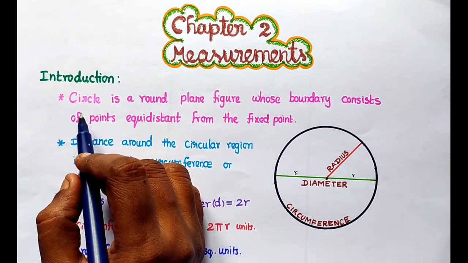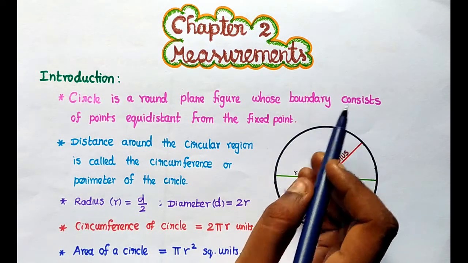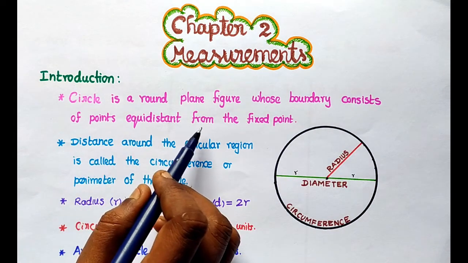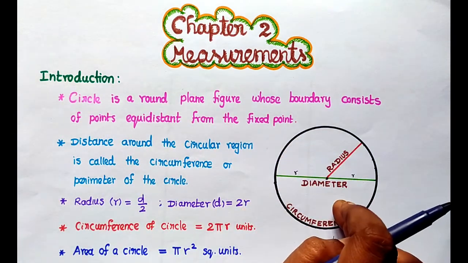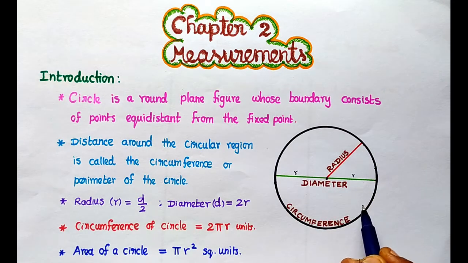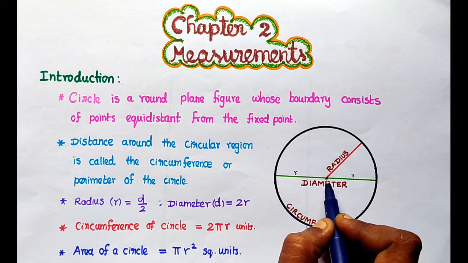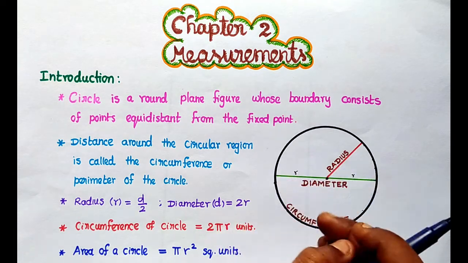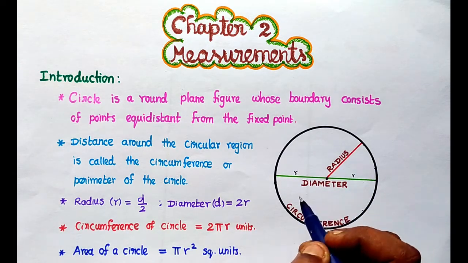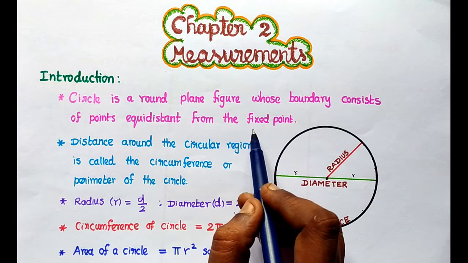First, what is a circle? A circle is a round plane figure whose boundary consists of points equidistant from a fixed point. This is the center. Equidistant means we measure the length from here to the points and it is equal. So a circle is a round plane figure whose boundary consists of points equidistant from the fixed point.